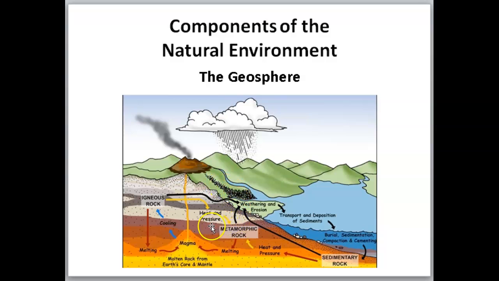There's also weathering and erosion of rocks, different rock forms, which are then transported and deposited as sediments into water sources. These can be sea, river, and oceans. In this regard, it settles by burial, sedimentation takes place, compaction, and then cementing. And by this process, sedimentary rocks are formed, by the way.